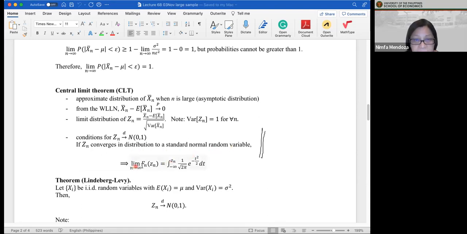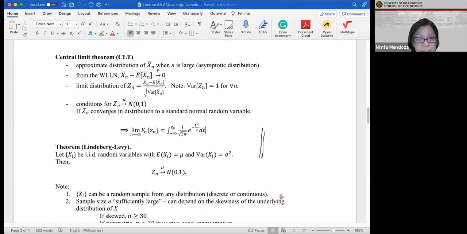The limit of F sub n of C sub n, as n approaches infinity, is the standard normal distribution. Note that this is the CDF, and this is just the density function for the standard normal distribution.